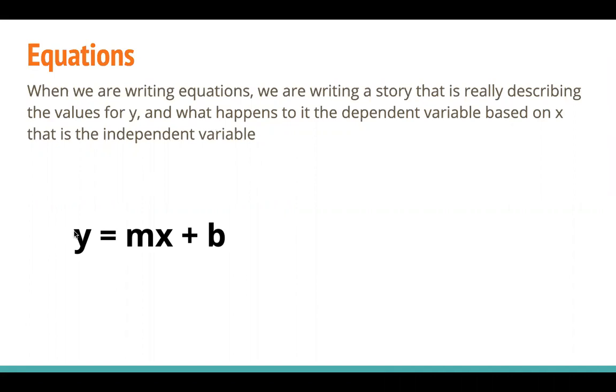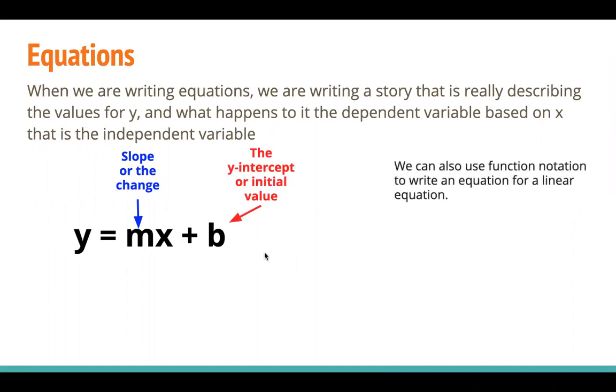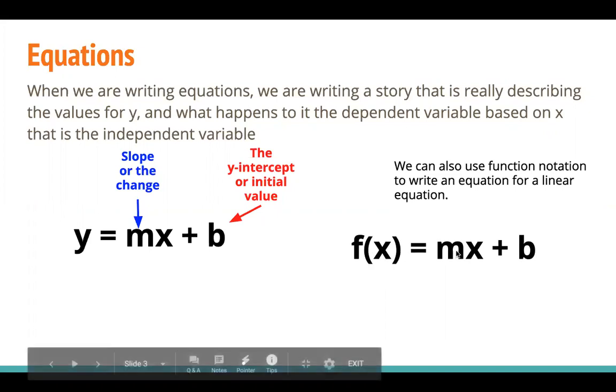So really it's about y changing as the x does. The m is the slope or the change, and the b is the y-intercept or initial value. It's important to say here too that we can use function notation to write a linear equation. So instead of y, we could write this f of x, that there's this change happening based on the x's.